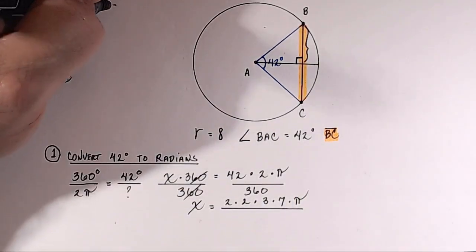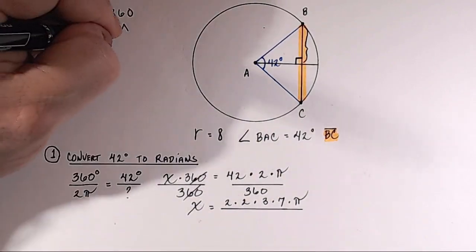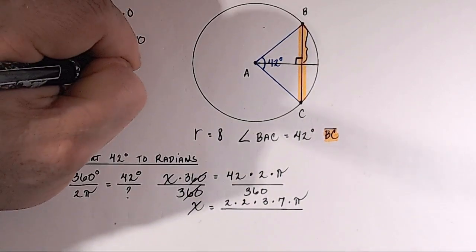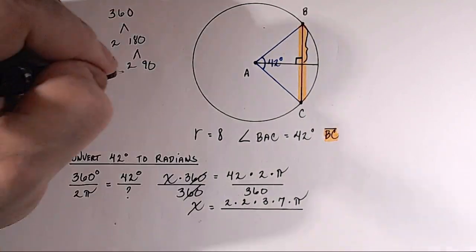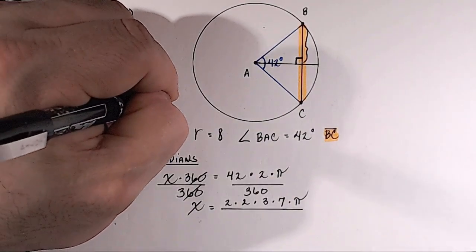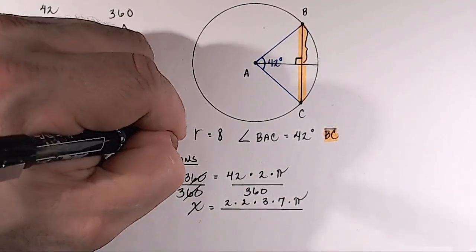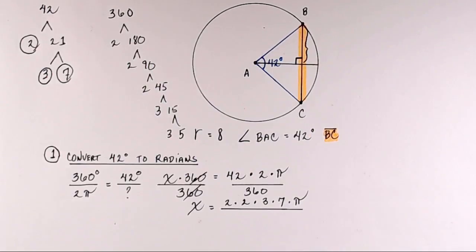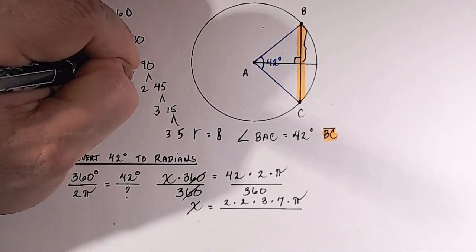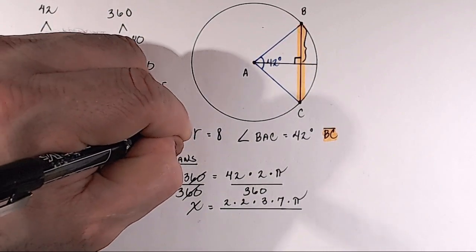Now I've got to prime factor 360. Okay, 360, that's 2 times 180, which is 2 times 90, which is 2 times 45, which is 3 times 15, which is 3 times 5. All of those are prime numbers, so we've got 2 times 2 times 2 times 3 times 3 times 5.